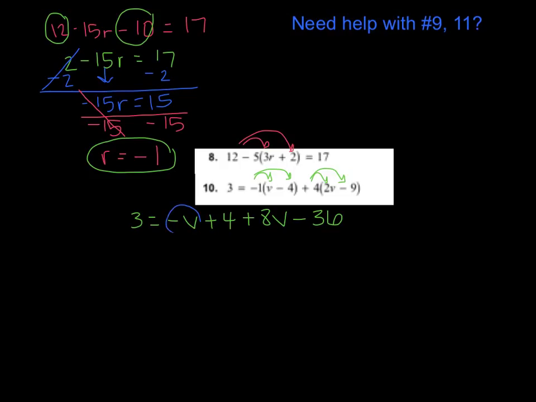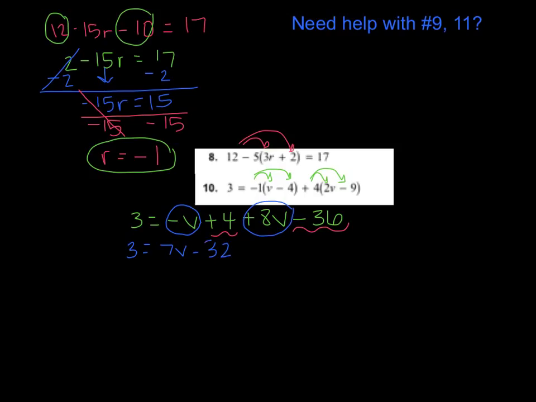So I'm going to look at my v's first. I have negative v, and I have positive 8v. So that gives me 3 equals 7v. And then I want to deal with this positive 4 and this negative 36. So I'm going to combine those constants as well, and that's going to give me negative 32.